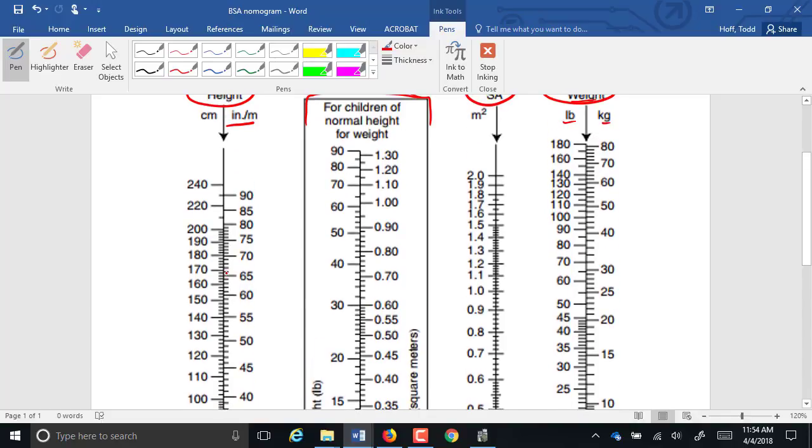There's 65, 6, 7, 8. That's right there, 68 inches. A weight of 142. Now you can see here the weights are kind of jumbled. The lower weights are nice and spread out, but once we get over 100 pounds, they get to be pretty tight together. This is 140 right here. This is 150. So 142 is going to require us to kind of guesstimate in there, somewhere closer to the 140, obviously, than the 150.